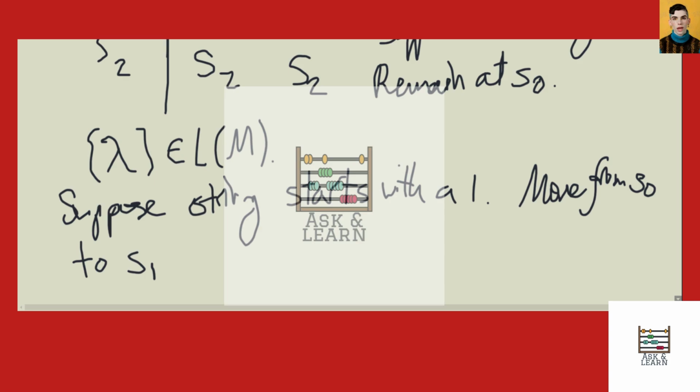S1 is a final state, but we are always going to remain at state S2, because no matter what input we put in, we're going to remain at S2.